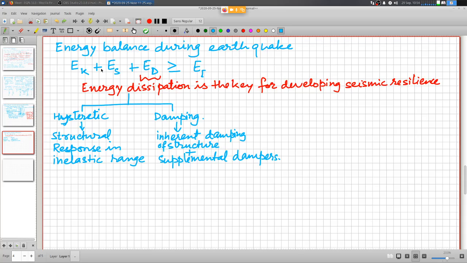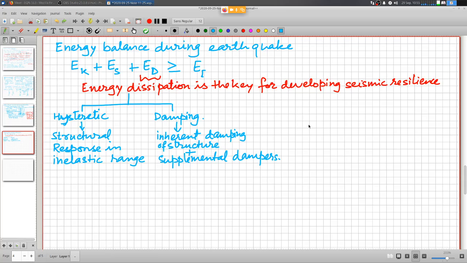But life is of course precious, cannot be valued in money terms. So the emphasis is, even though we allow inelastic deformation in the structural system, we should not allow any loss of life. And how do I enhance that?